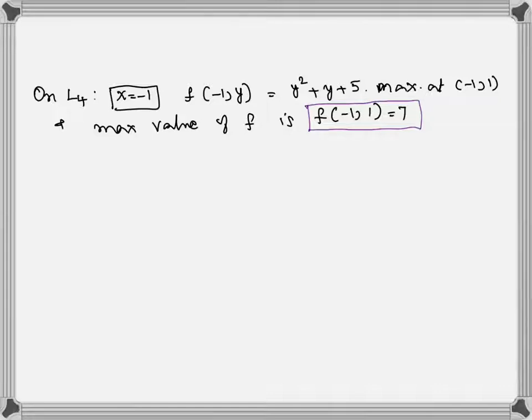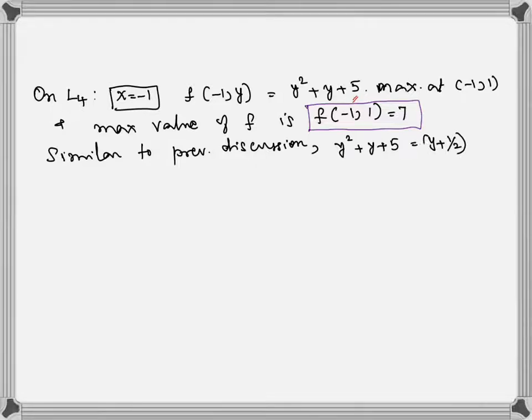So where does the minimum occur? Minimum will occur corresponding to the y value for the vertex of the parabola. So x doesn't change, it's still -1. Similar to the previous discussion, y squared plus y plus 5, using completing the square, we get (y plus half) whole squared plus 19/4, with vertex corresponding to the value -1/2, which corresponds to the minimum.